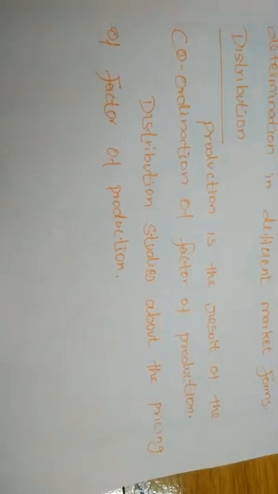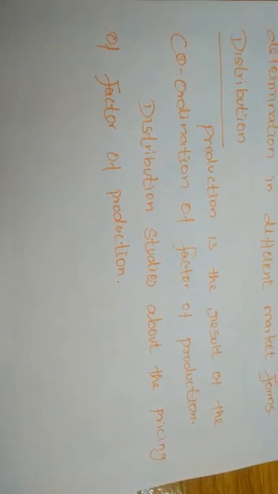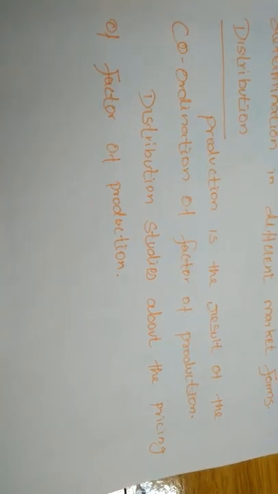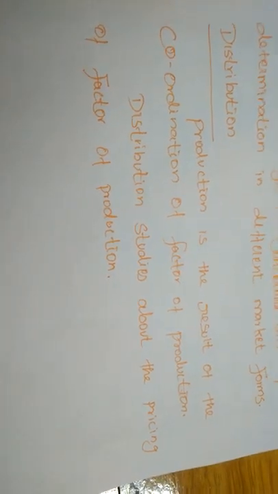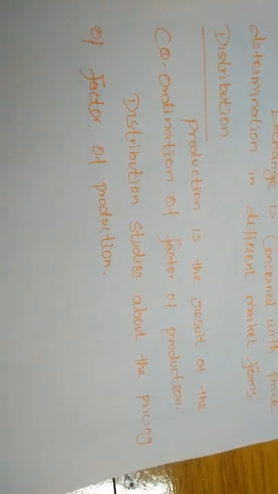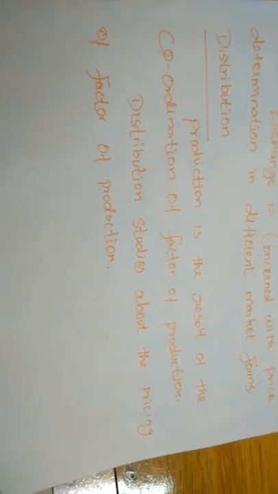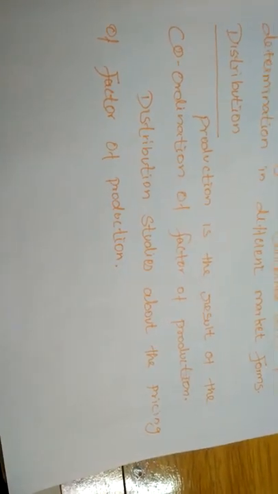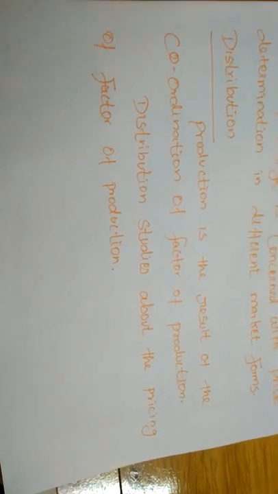So how to distribute the national income, or how to distribute the income to the factors of production, is studied in this division. In which form they will get the remuneration, different laws and theories are there.